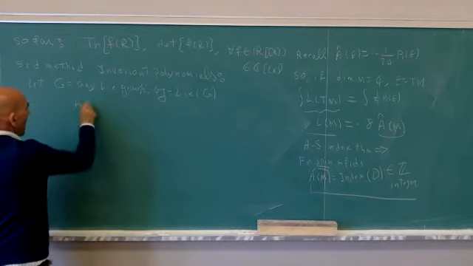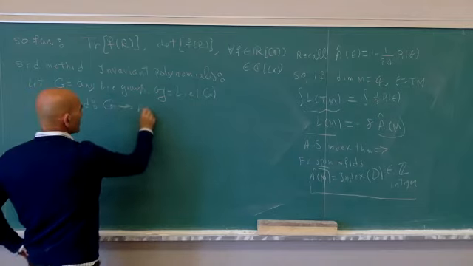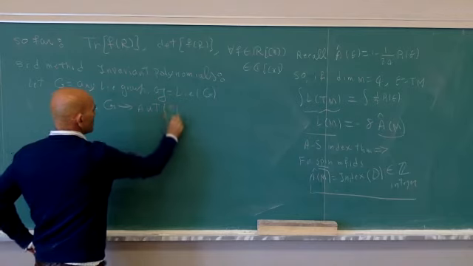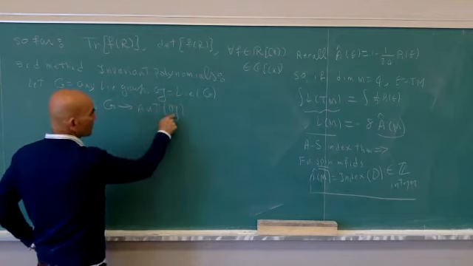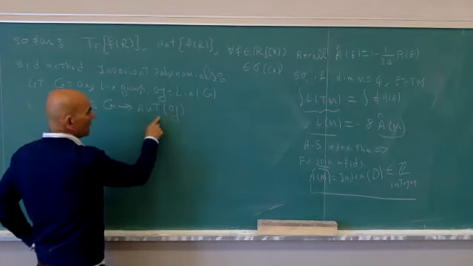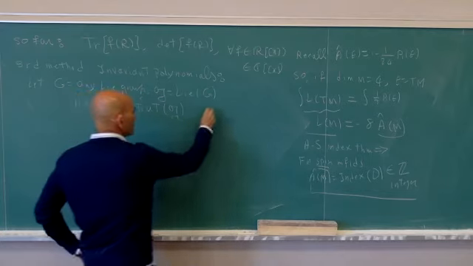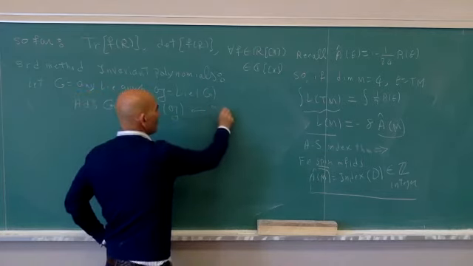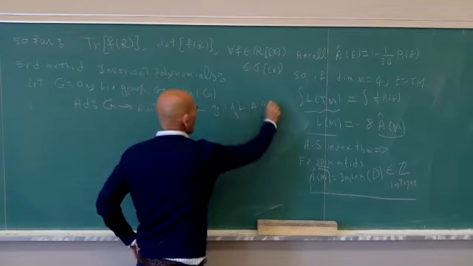So Ad maps G to the automorphisms of 𝔤. This is a group of Lie algebra automorphisms.